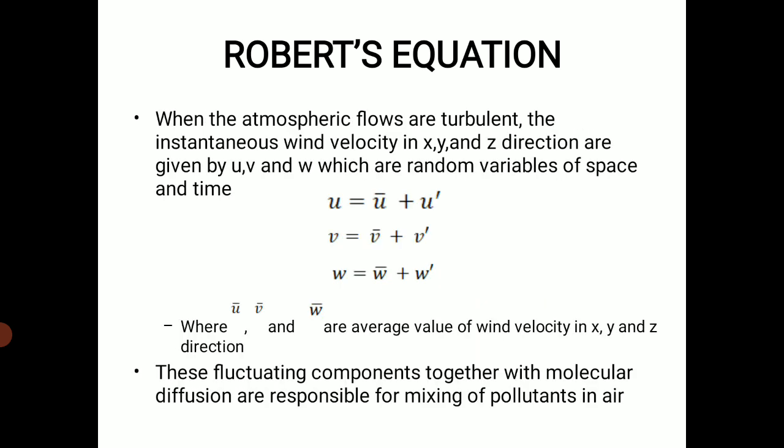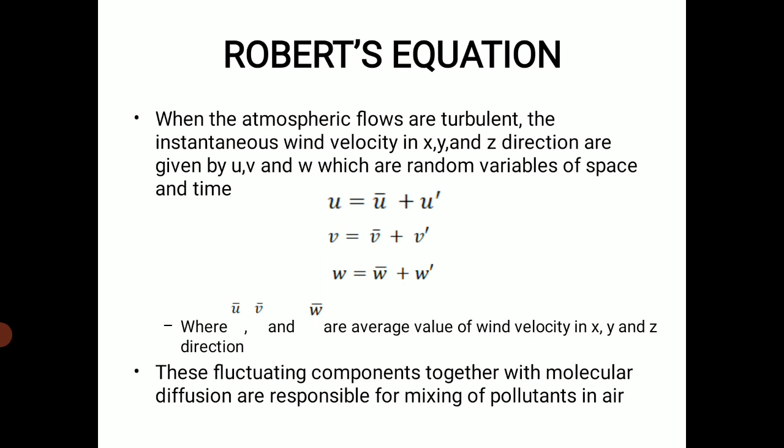And the above equation was formulated based on the assumption that homogeneous turbulence is prevailing in the atmosphere. But in reality, in the actual condition, atmospheric turbulence will not be homogeneous, that is, the wind velocity will be varying, so all parameters will not be uniform.